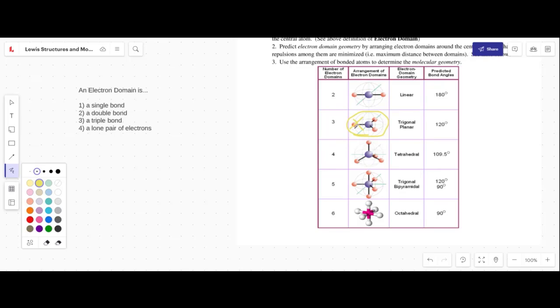So the remaining shape is no longer trigonal planar because it doesn't have 3 spokes. It only has 2 spokes, so it would be bent. Does that make sense?